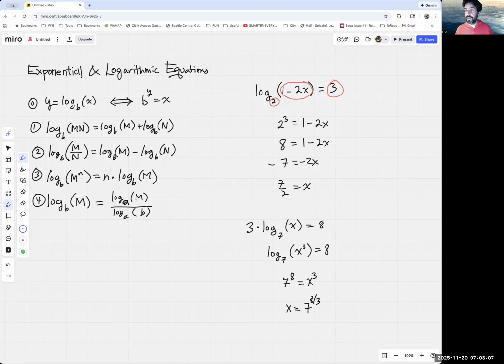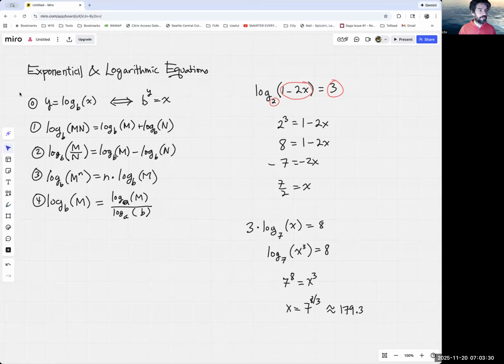And that for me is a good enough answer. If you insist on a calculator approximation, I can do that. This comes out to be about 179.3.